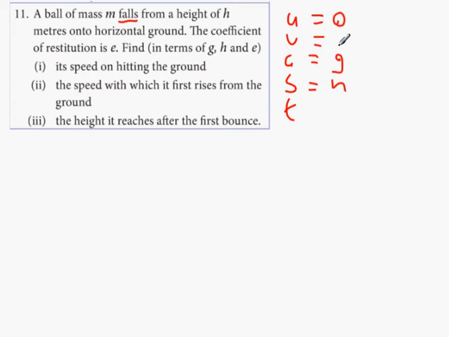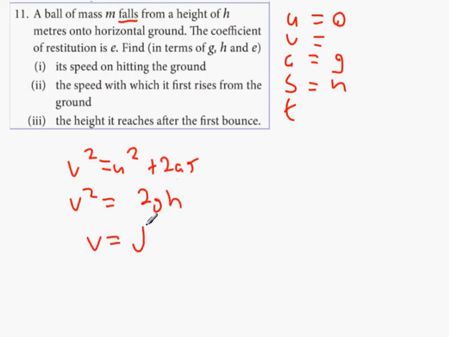Find the speed it hits the ground at, guys. This is a very important formula. You're going to use this repeatedly in your course. v squared equals u squared plus 2as. v squared equals 2gh. v equals the square root of 2gh. Done.